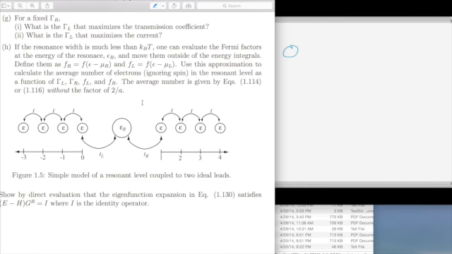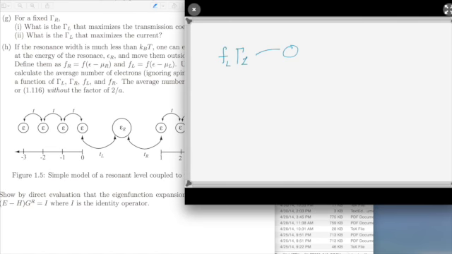So this would be the rate going onto your device, F right, gamma right. That would be what's going in, and then you've got to do what's coming out. So what would be coming out?